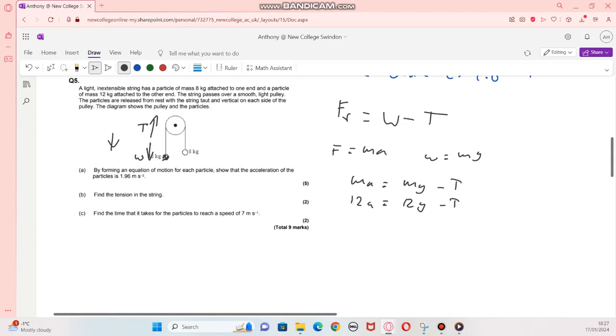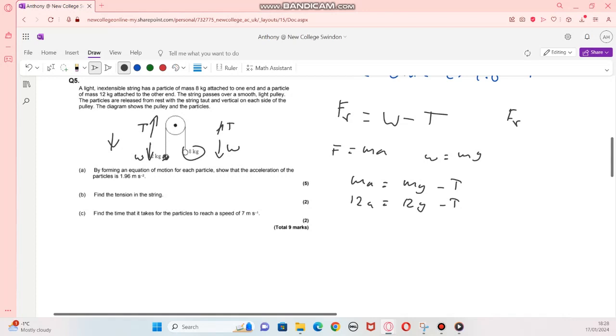For our second equation, for the 8 kilogram particle, it's the same resultant force. However, this time, this particle will be moving upwards. It's still going to have tension going upwards, and still going to have weight going downwards. But since this particle is moving up, the tension must be greater than the weight.